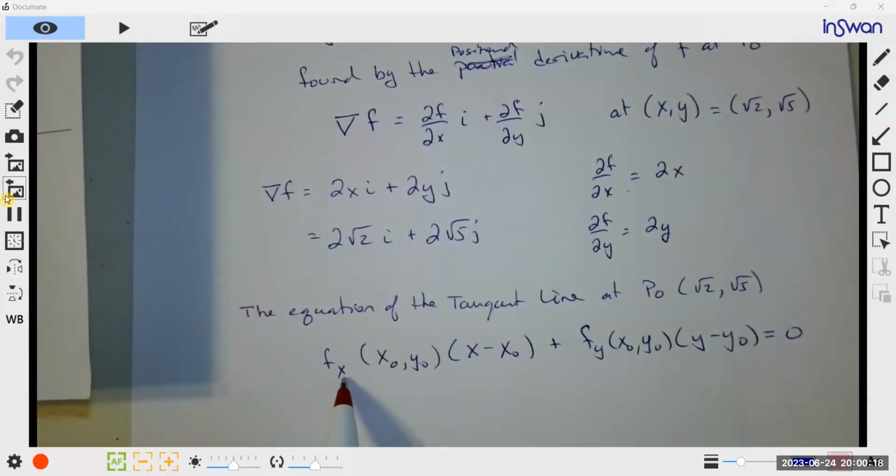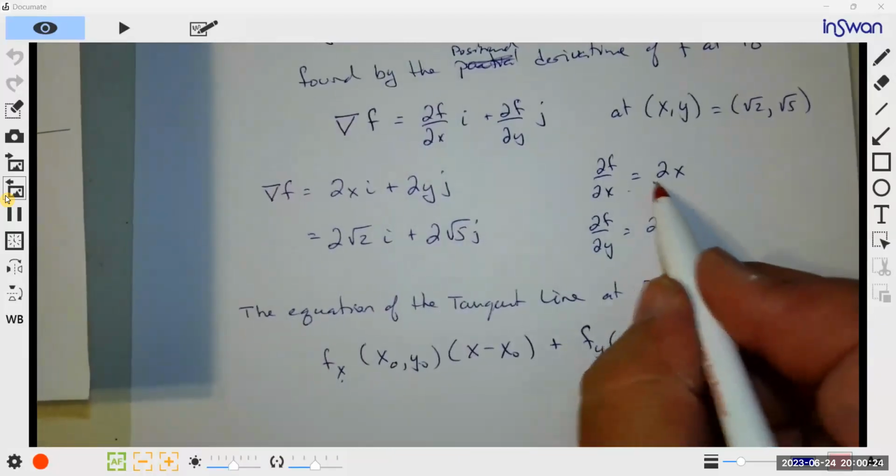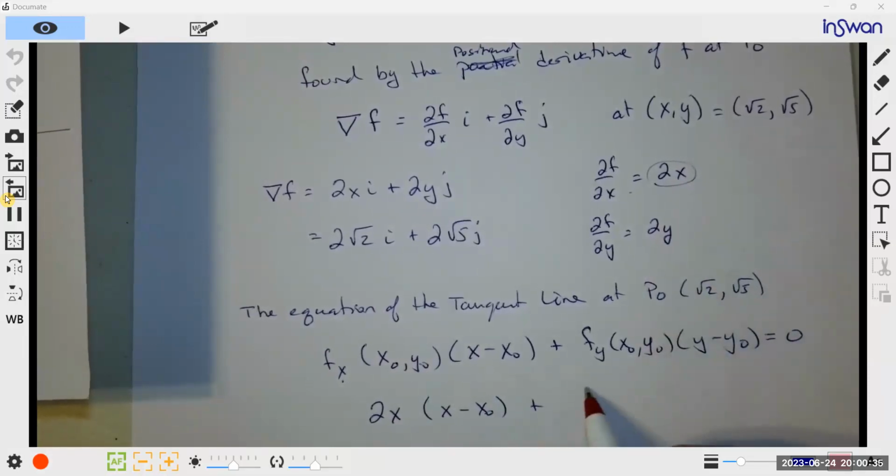Right, so the partial of f in our function is 2x, x minus x sub 0. I'm building this up. The y is 2y, y minus y sub 0.